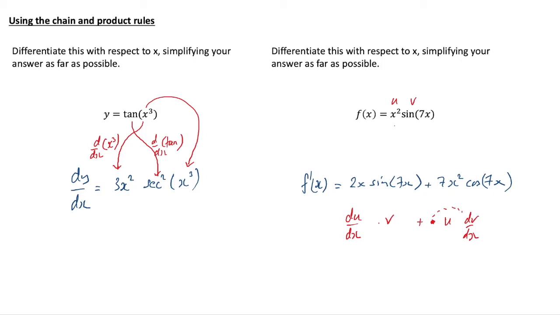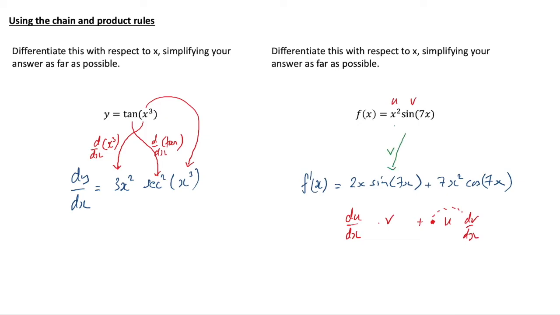And the reason there's a sort of dot coming from dv by dx to that blob is that you'll see that when we've differentiated sine of 7x, we've got the 7 cos 7x, and to write it tidily we've put the 7 before the x squared, which is the conventional way of doing it. So we have done a bit of tidying up as we've written it.